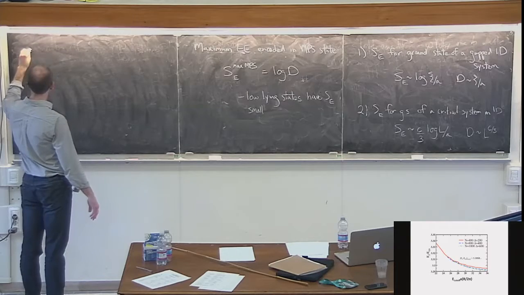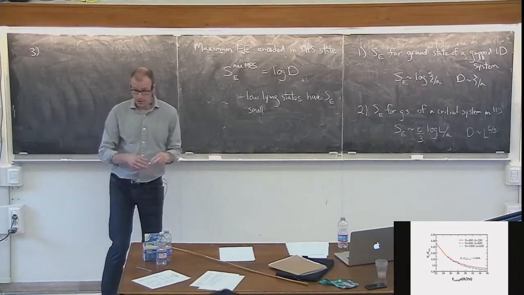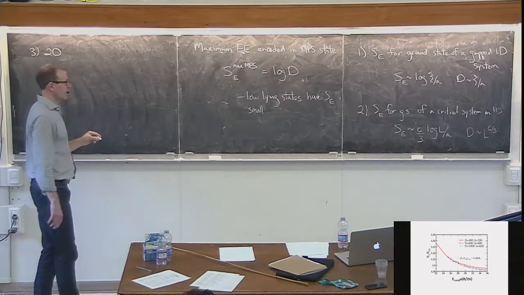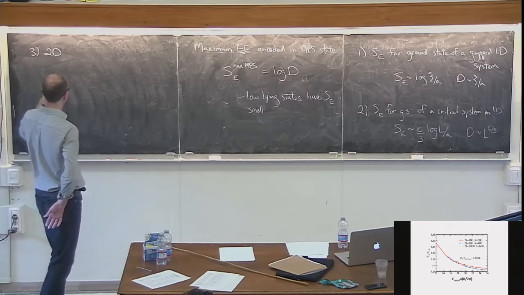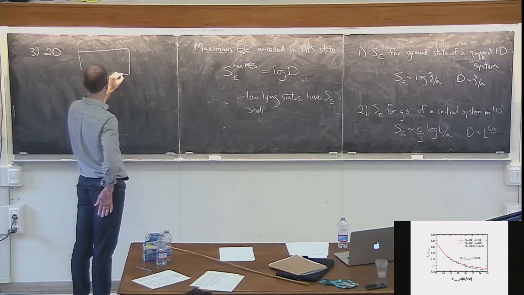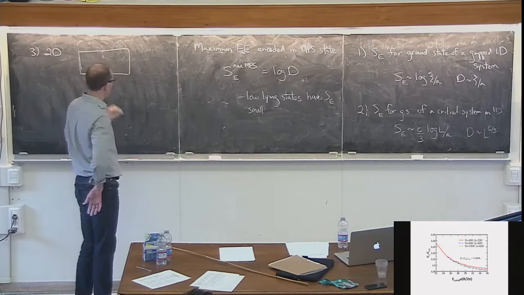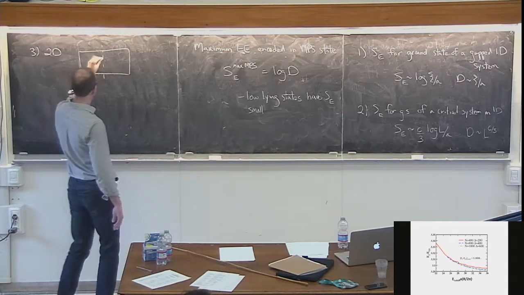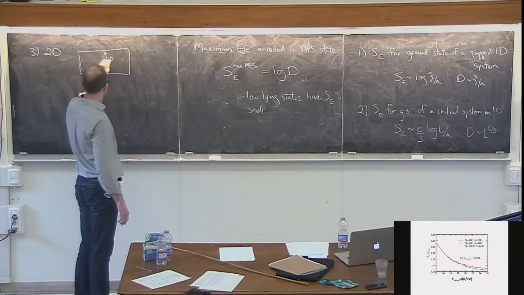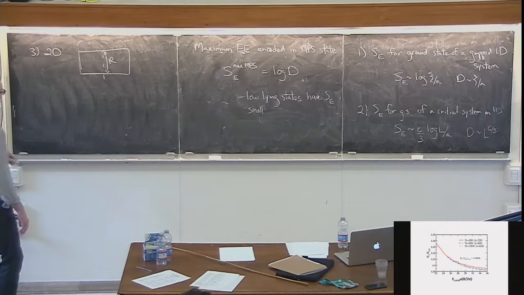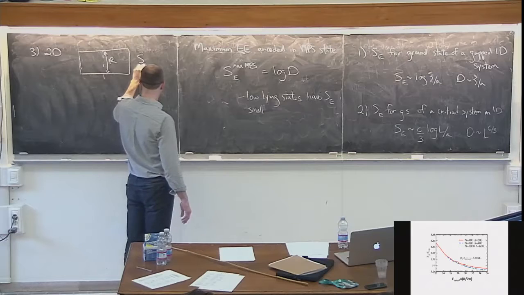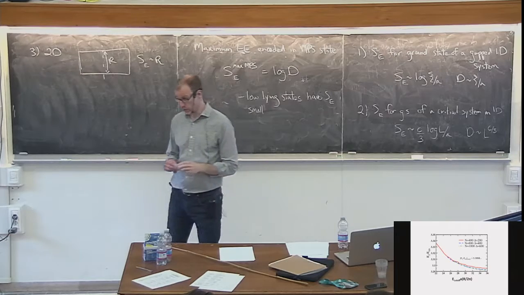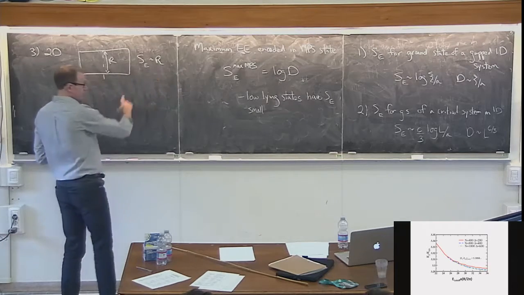Okay, but let's move on. So this is the entanglement entropy for one-dimensional systems. But what happens when you look at the entanglement for a 2D system? If I have a 2D system and I partition the system into two, and the length of this boundary is R, then my entanglement entropy is going as the length of the boundary.